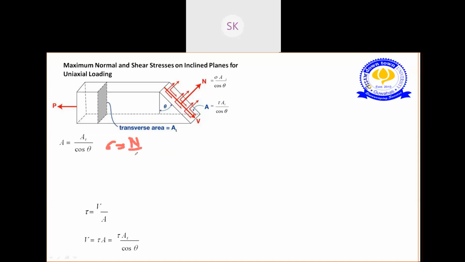Normal stress is equal to normal force per unit area, if you recall the last class. So N will be sigma times A, and instead of A, you have AT by cos theta.